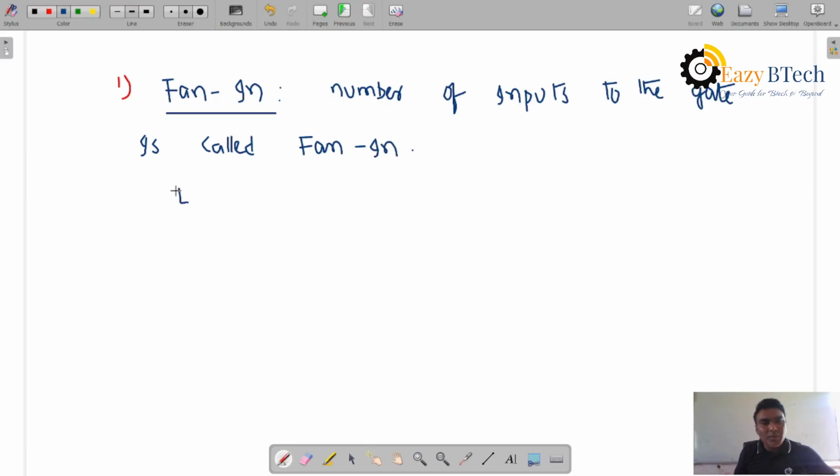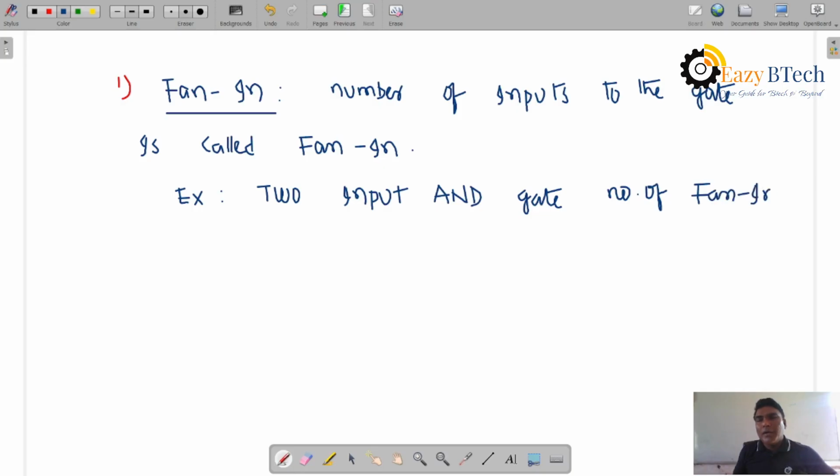Let us see an example. If you take a logic gate, a 2 input AND gate, the number of fan in is 2. Let us see the example.